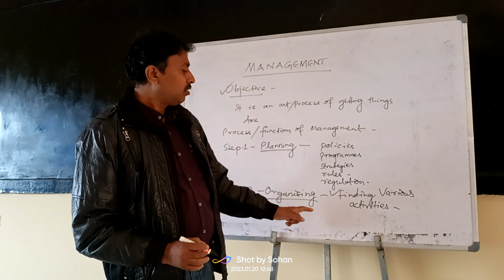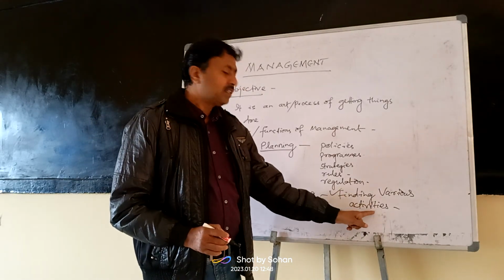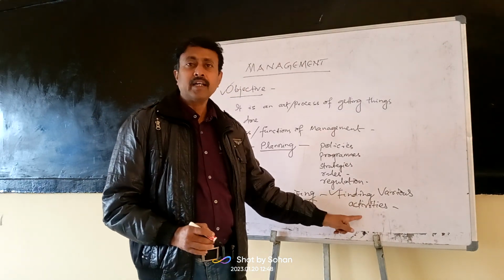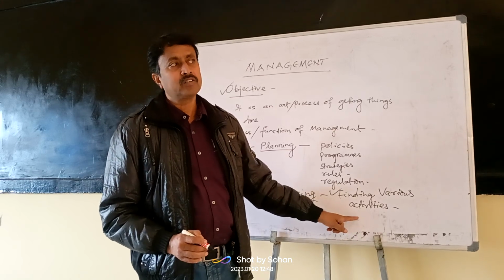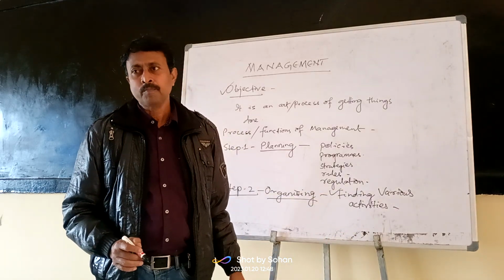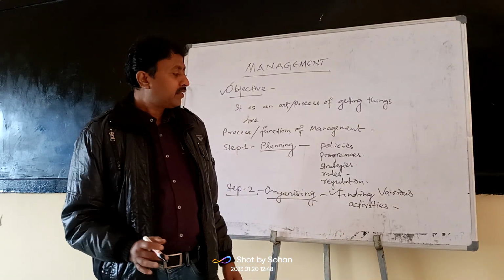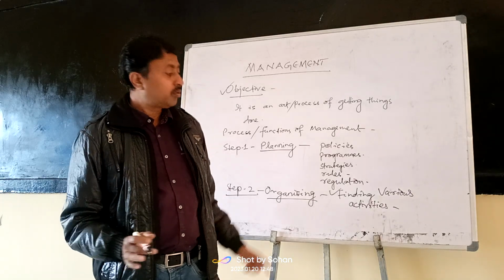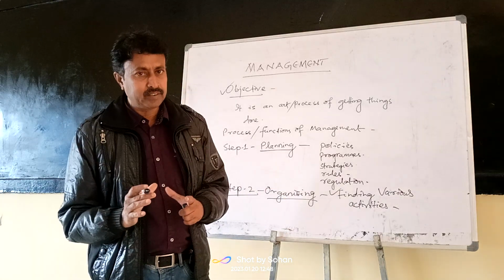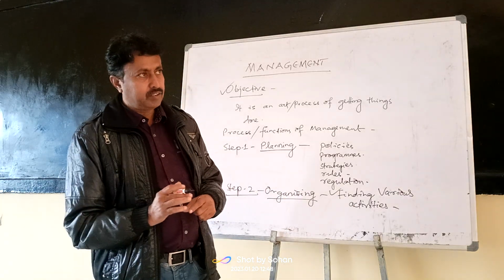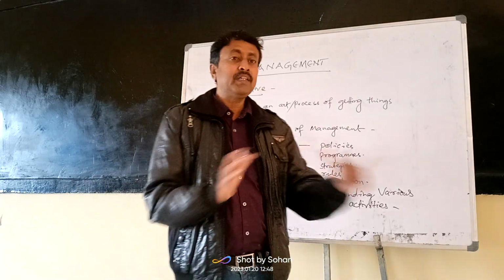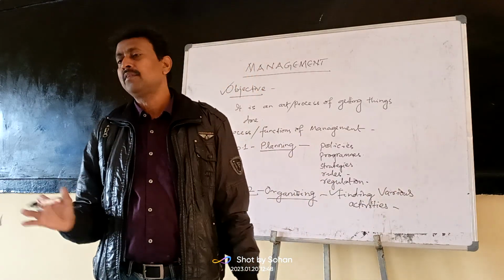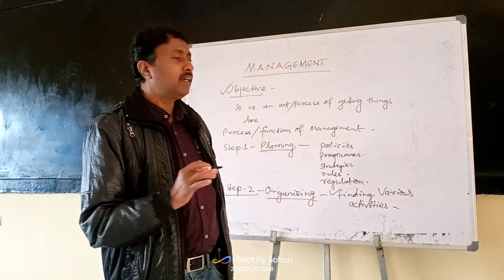Okay. So first thing, the various tasks. So what are the activities? Activities are the tasks or jobs to be undertaken in different sections of a business. So by finding out the activities, analyzing the activities, then the next thing is grouping the activities so that departments can be created. Okay, grouping of the activities.